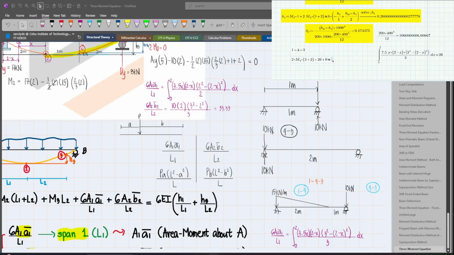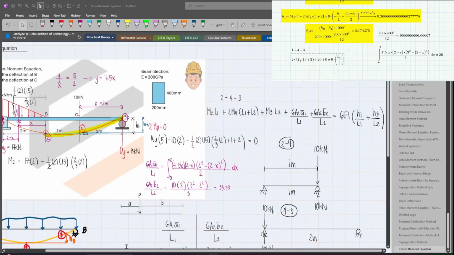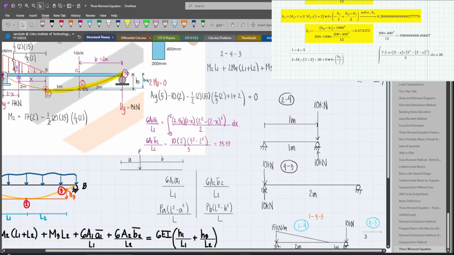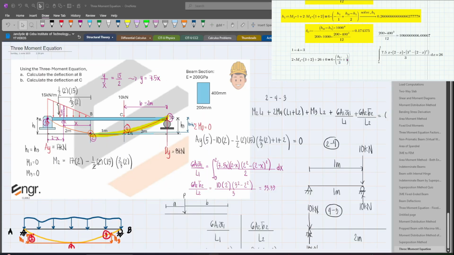Then equals, we have 6EI times H1 over L1. So equal lang yan, H sub C divided by the length of the first span, 2 plus 1, 3 meters. Then plus H sub C divided by the second span.